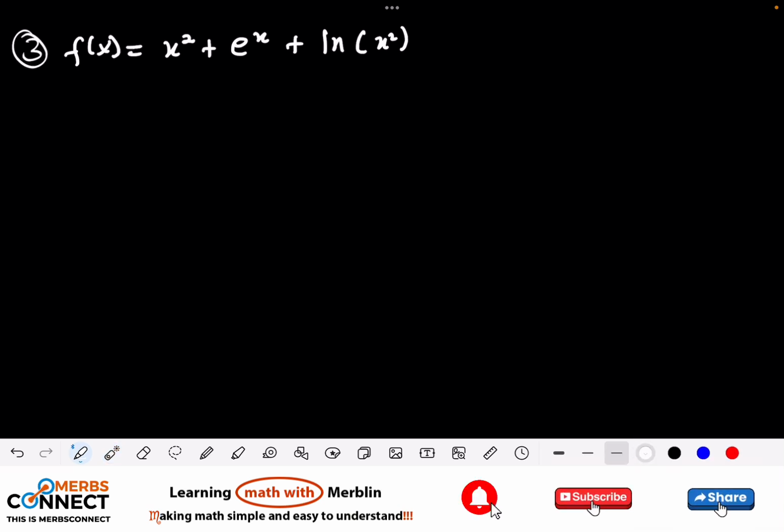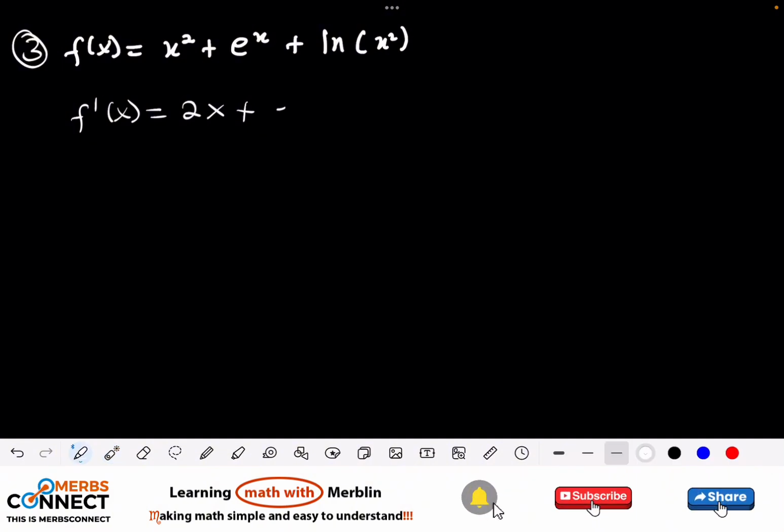Let's look at the third one. We have a function f of x, which is equal to x squared plus e to the power x plus ln of x squared. We know how to differentiate each function, so we are doing them together. f prime of x will be equal to, this is a polynomial function, so power rule, we get 2x plus, now we learned how to differentiate an exponential function.